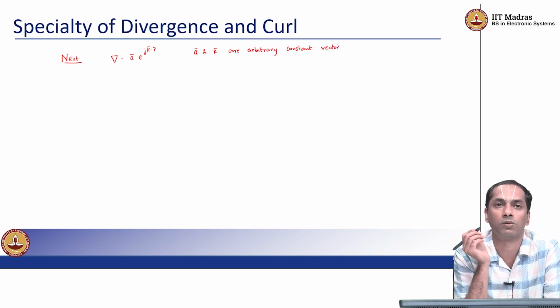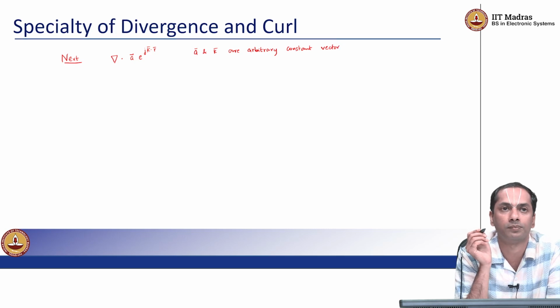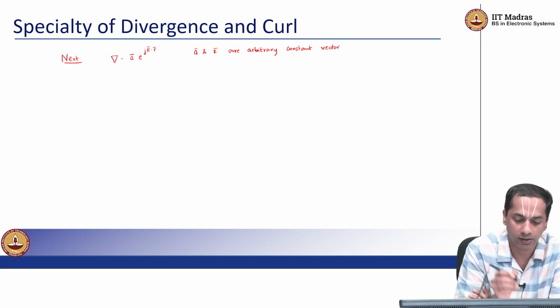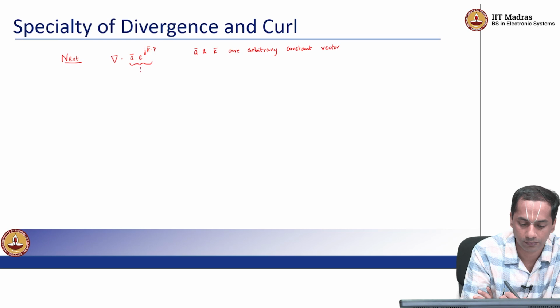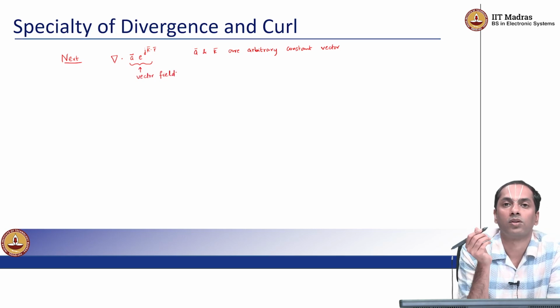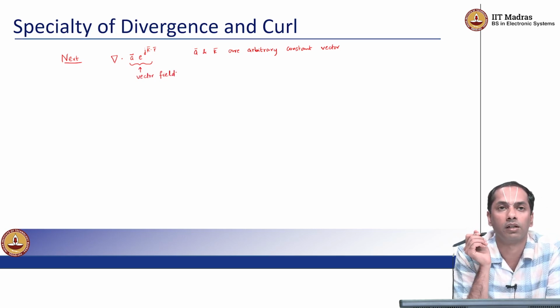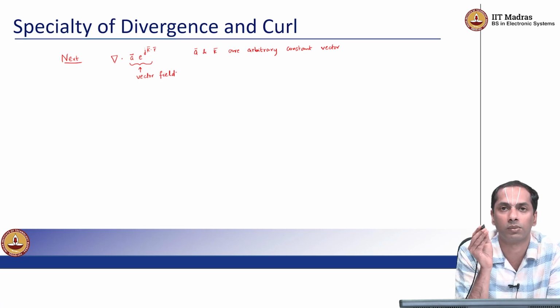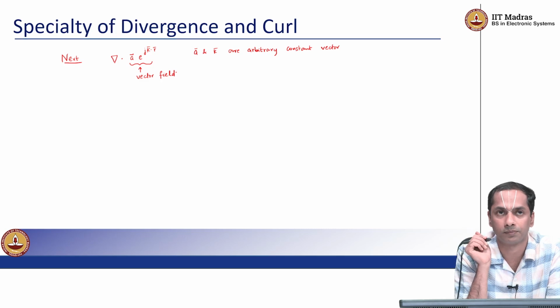I can choose what I like for A and K, and remember this is a vector field. So A is a vector, it's an arbitrary constant vector, and e to the j k dot r, like we saw in the previous example, is a scalar, and we are just multiplying this constant vector by a scalar at every location, right. So this is a vector field.